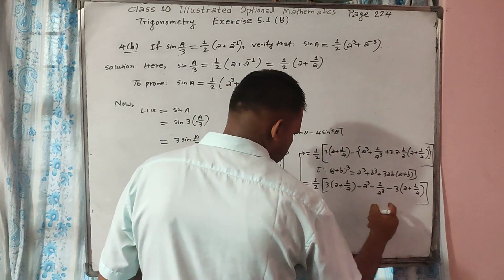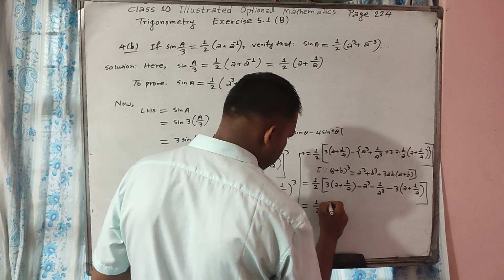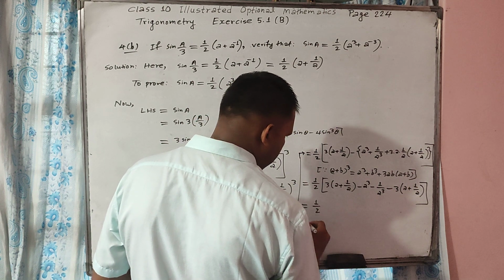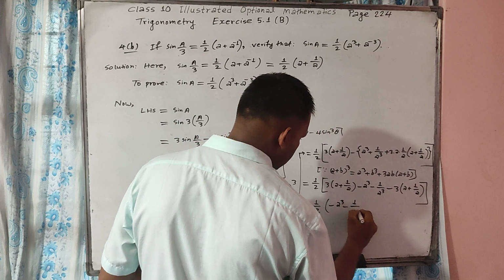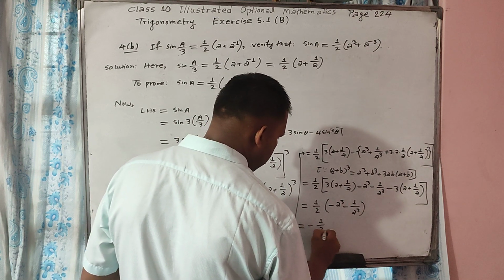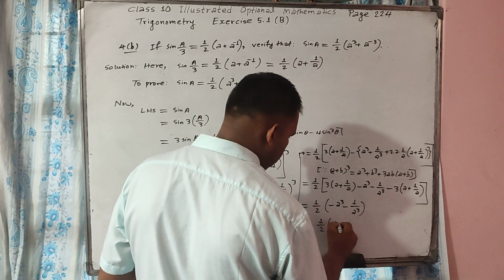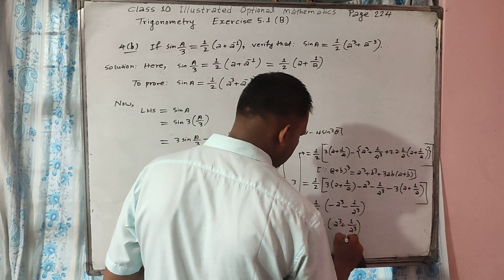First and last part cancel out, remaining 1 by 2, minus a cube minus 1 by a cube. This equals minus 1 by 2, a cube plus 1 by a cube.